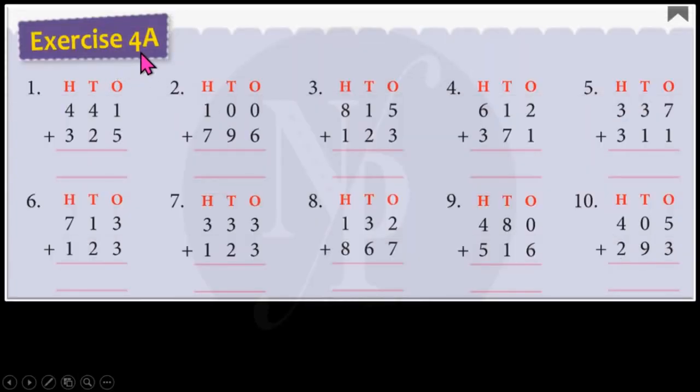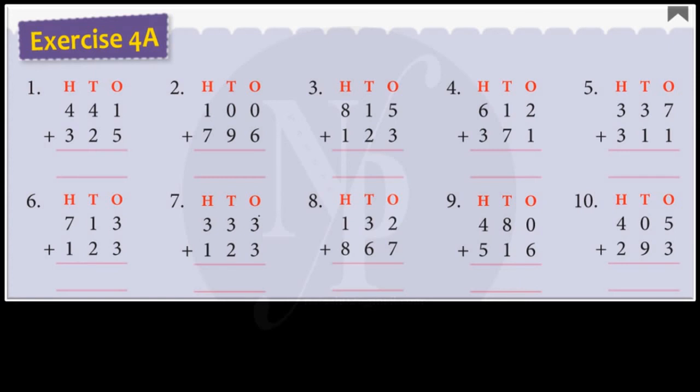Exercise 4A. Again we have 3-digit numbers to be added. Let us add these numbers to get the answers. Here in question number 1 we have 441 plus 325. Let us add these numbers starting from one's place. 1 plus 5 is 6.